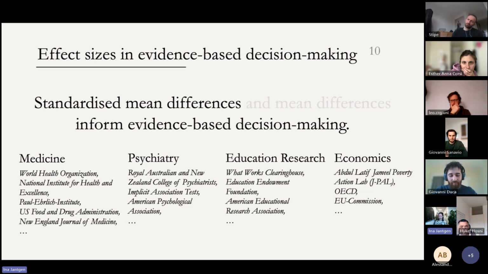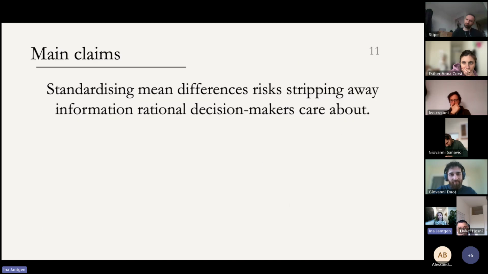I will explain the rationale for standardizing in detail in just a moment, but for now, let me emphasize that I'll try to argue today that there's a problem with this practice of relying on standardized mean differences to inform evidence-based decision-making. And that problem is that insofar as the most salient piece of information that is conveyed to a decision maker is the standardized mean difference, that risks stripping away information a rational decision maker would care about learning compared to providing that decision maker with the underlying mean difference.